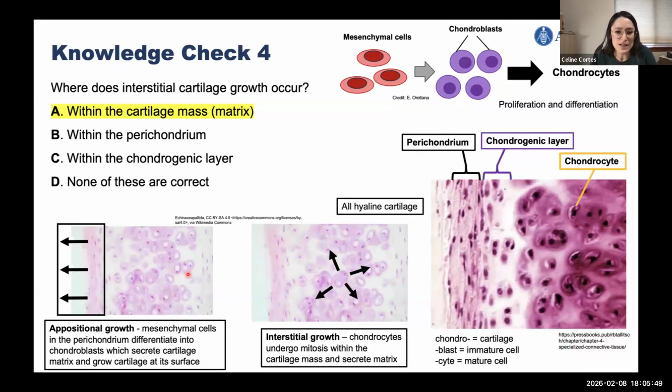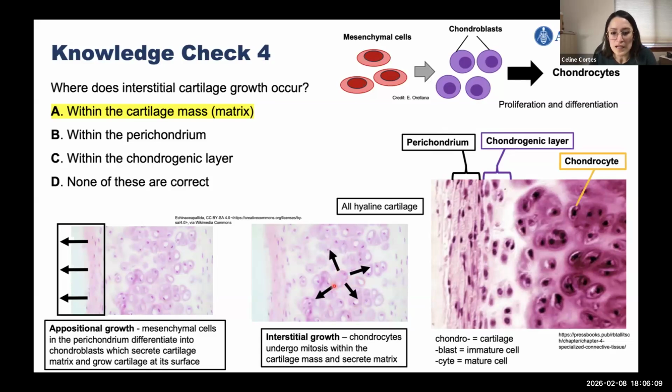And basically, the big takeaway here is that interstitial growth is when these chondrocytes, these mature cells, undergo mitosis inside of their lacunae, and then they secrete matrix. When they're secreting matrix, they eventually separate from one another.